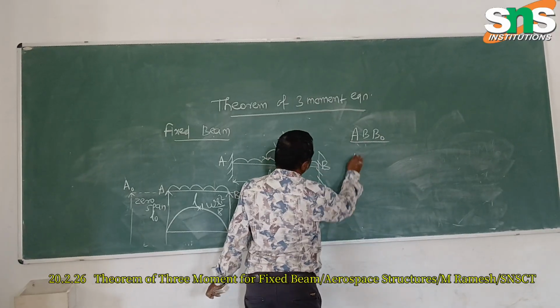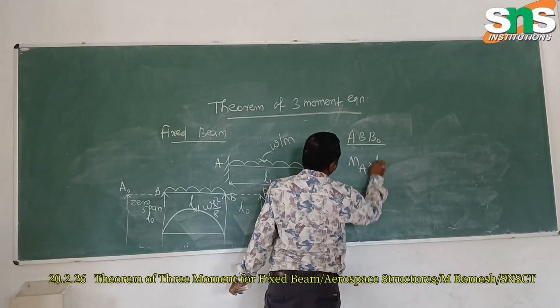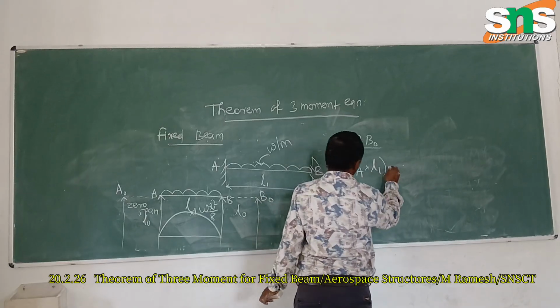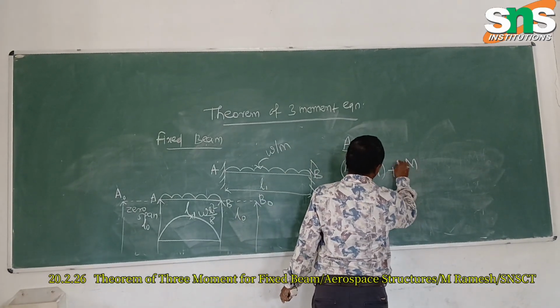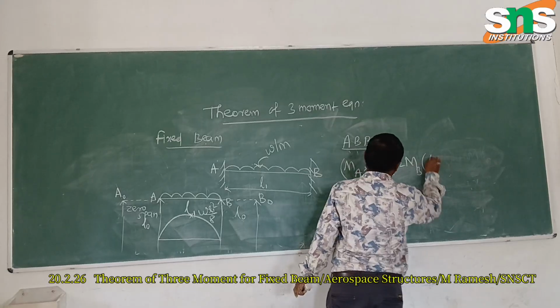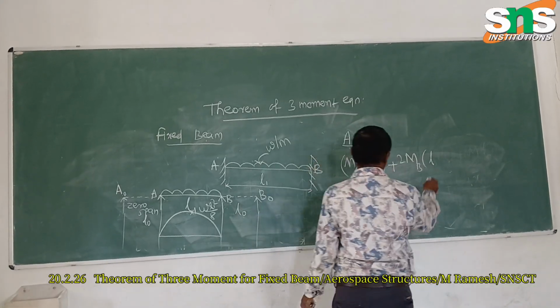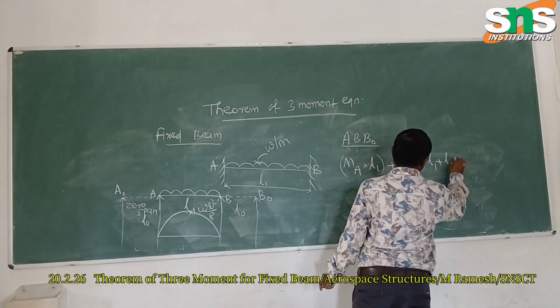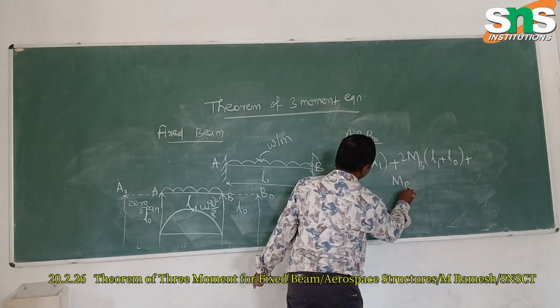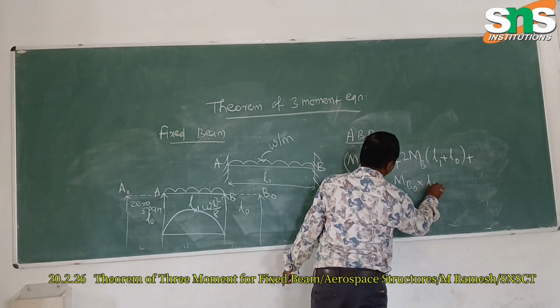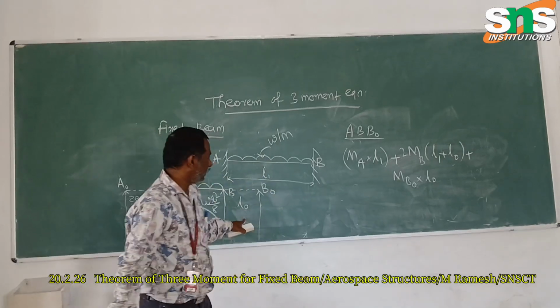So MA into L1 plus 2 times MB into (L1 plus L0) plus MB naught into L0. Okay, that we are having.